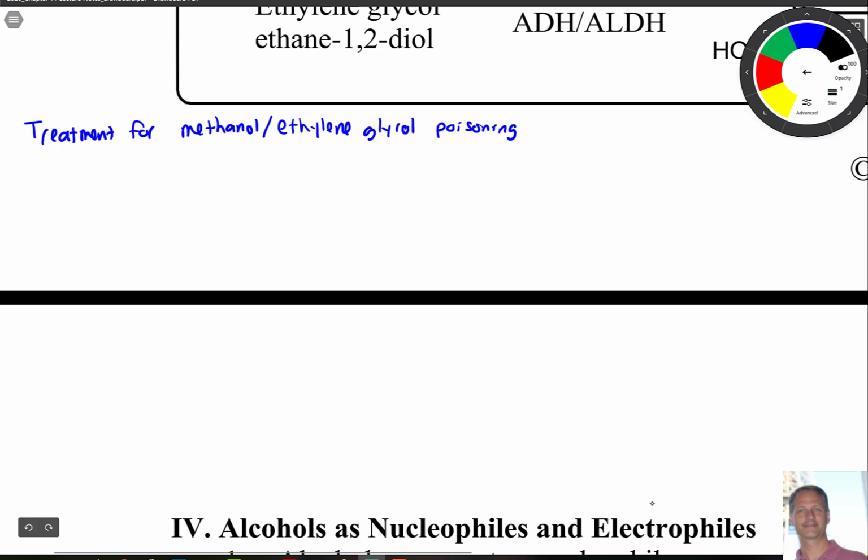So the idea here is that we want to slow down the metabolism of these two things, of the methanol and the glycol, right?